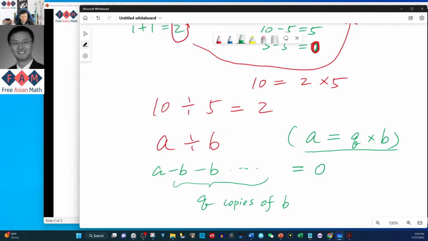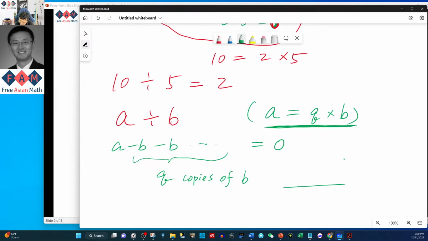Why is that? Because this fact tells us that if we start at 0, Q times B is multiplication.